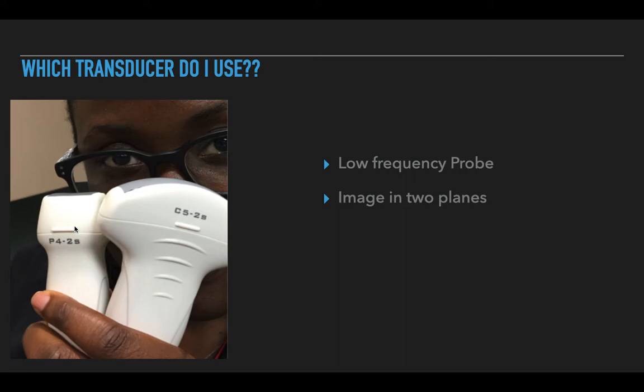This also goes for the bladder. This helps you decipher anatomy and figure out what pathology you're looking at. It's always important in ultrasound to image in a coronal plane, a sagittal plane, and also an axial plane.